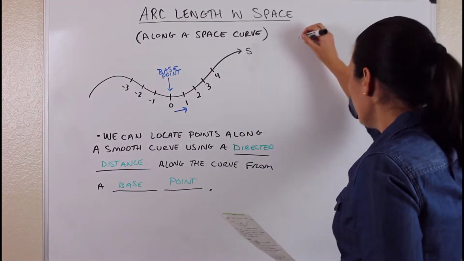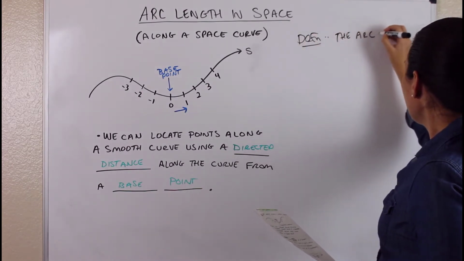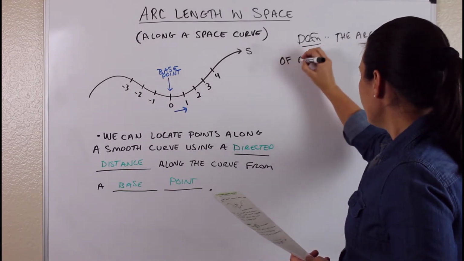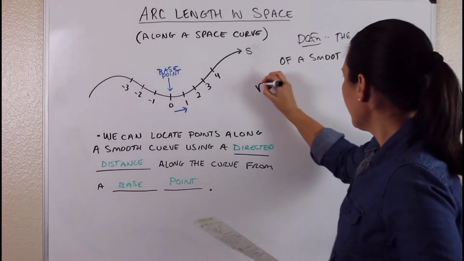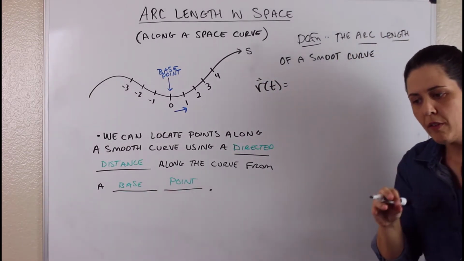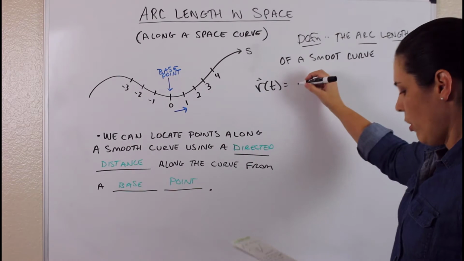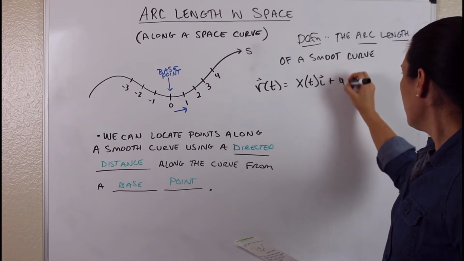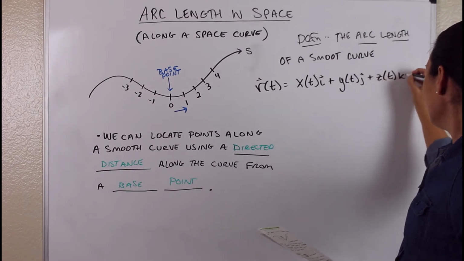Our definition, the arc length, is of a smooth curve. Our curve looks like this vector function, r of t. Our curve is defined by a position vector function that locates all the points along the curve: r of t equal to x of t i plus y of t j plus z of t k.